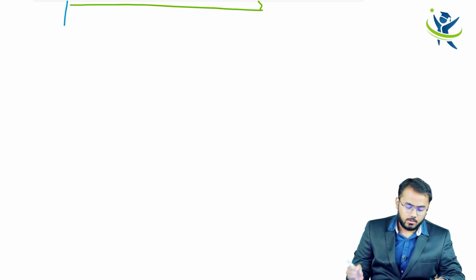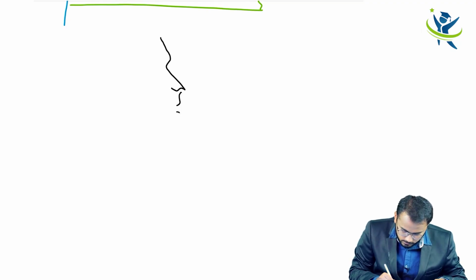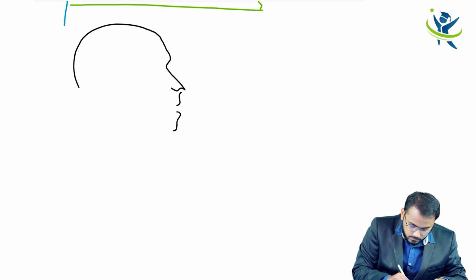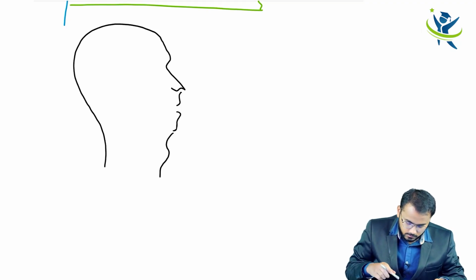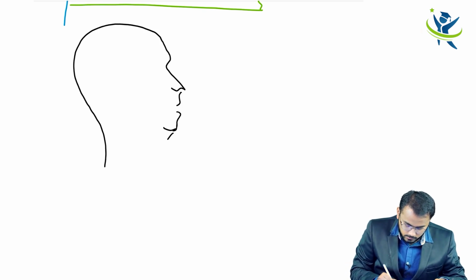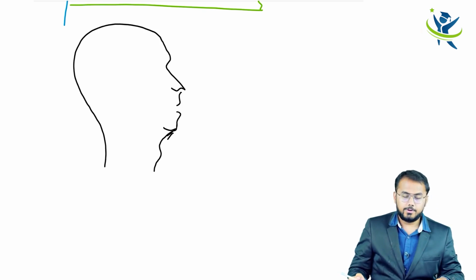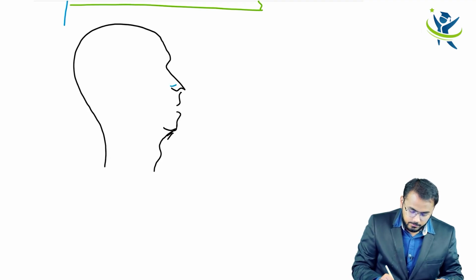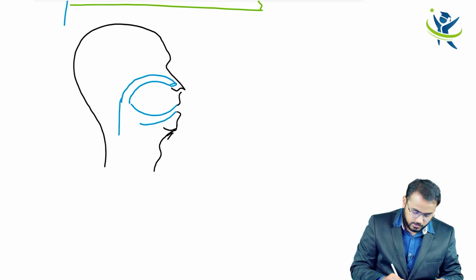So let me draw the picture. Right. So if you see here, this is your nasopharynx, right? And this is your oropharynx. Nasopharynx and oropharynx together join and form the laryngopharynx.